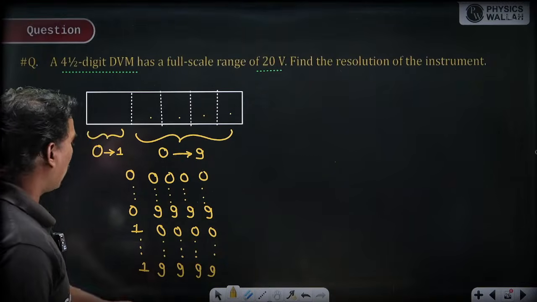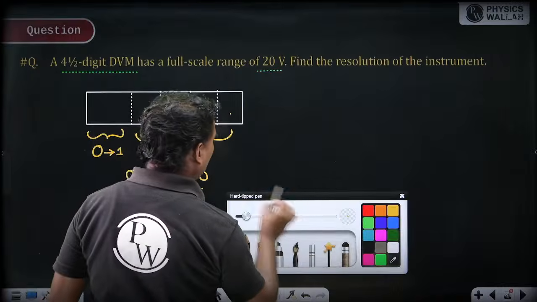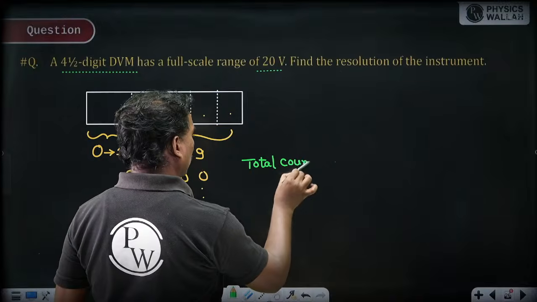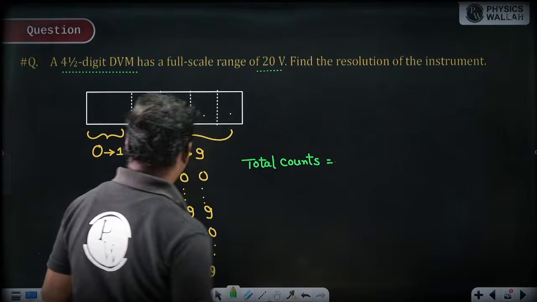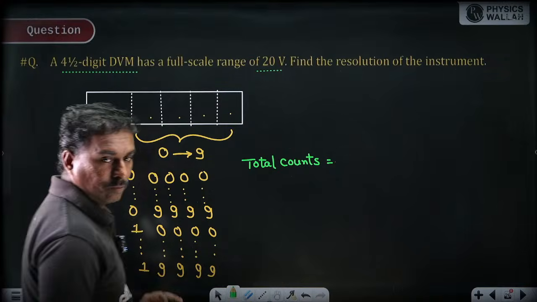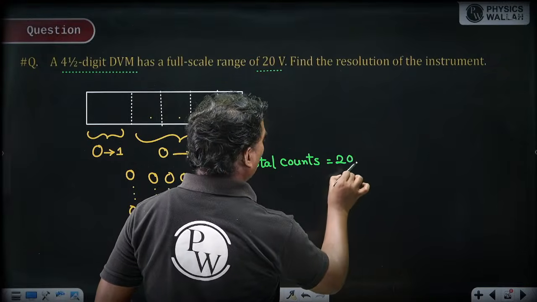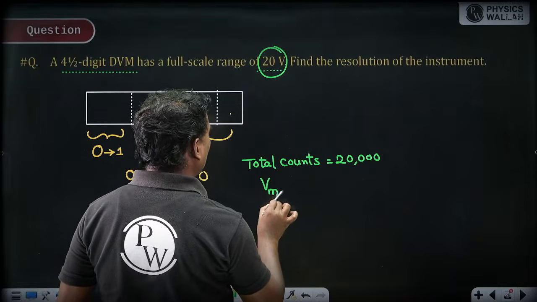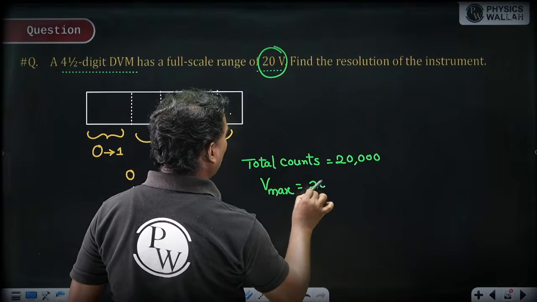So the total counts are how many? The total counts are 20,000, and the maximum voltage is 20 volts.